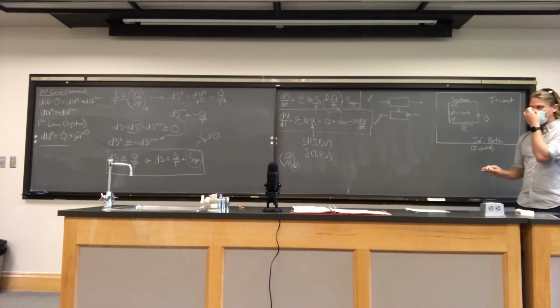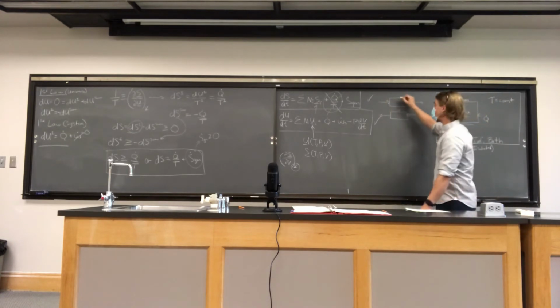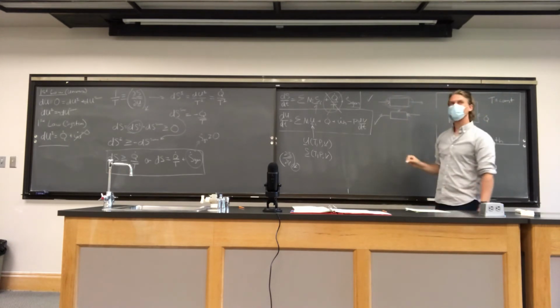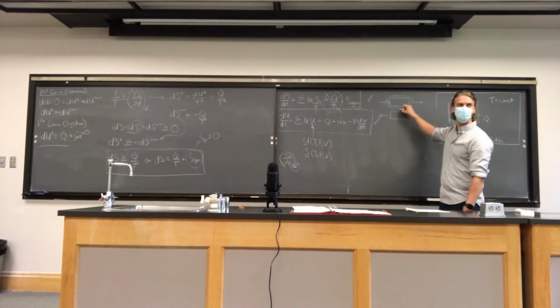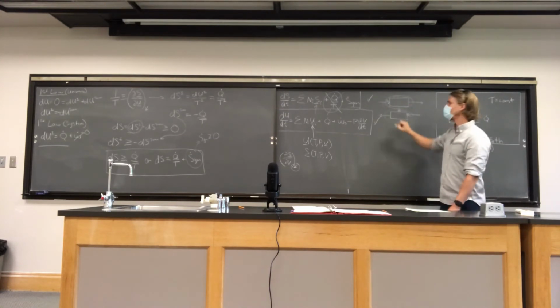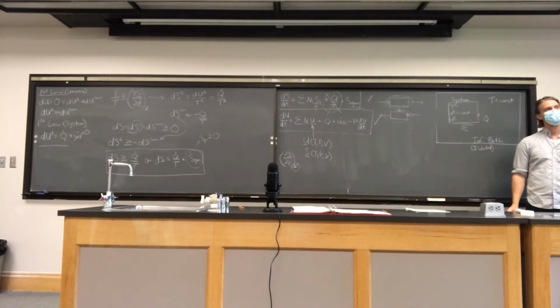So in the example of a heat exchanger, one may want to do an entropy balance on fluid 1, calculate the heat out, and then somehow relate that to an entropy balance on fluid 2, keeping those heats constant.